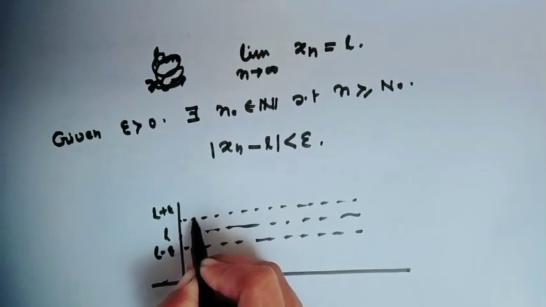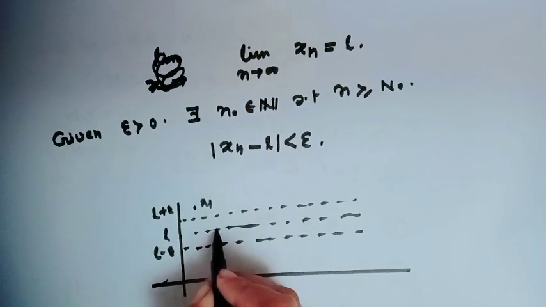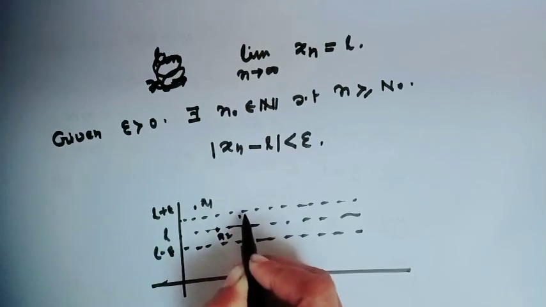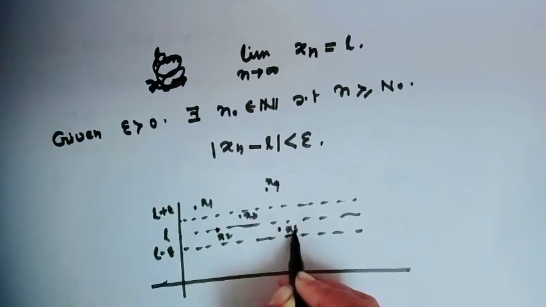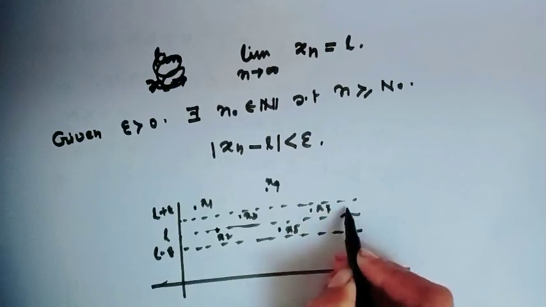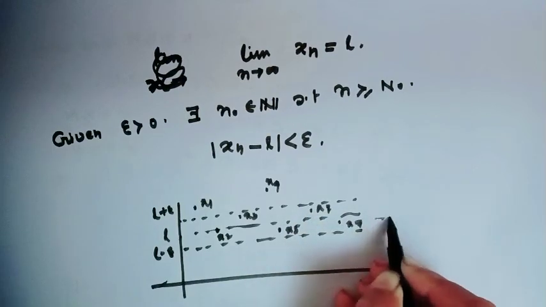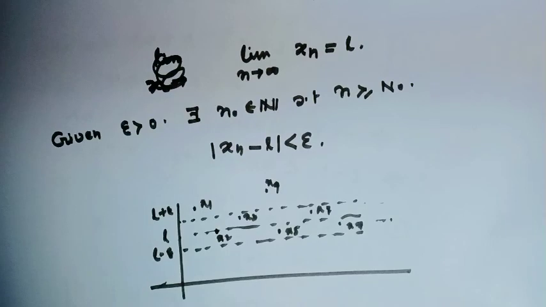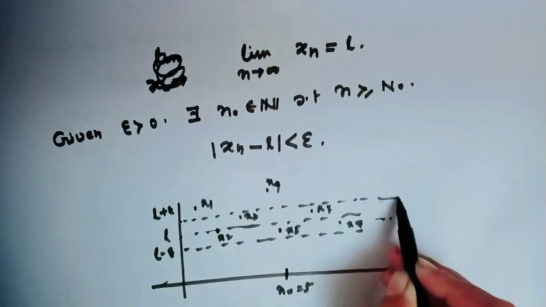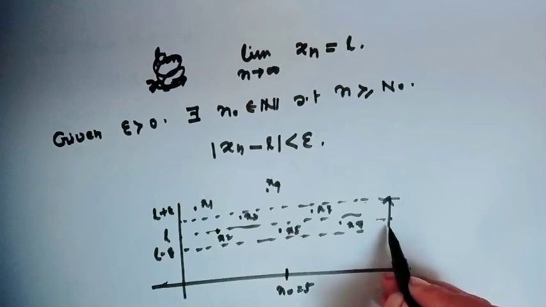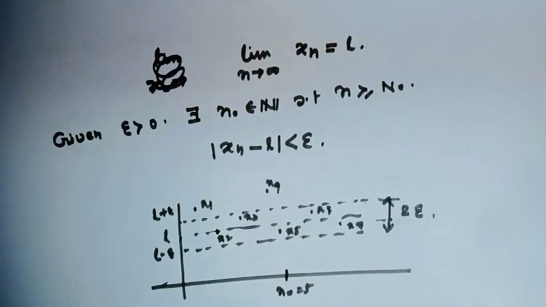Here x1, suppose here x2, x3, x4, x5, x6, x7, and so on. After n naught equal to 5, all x n lie in these two epsilon bands.